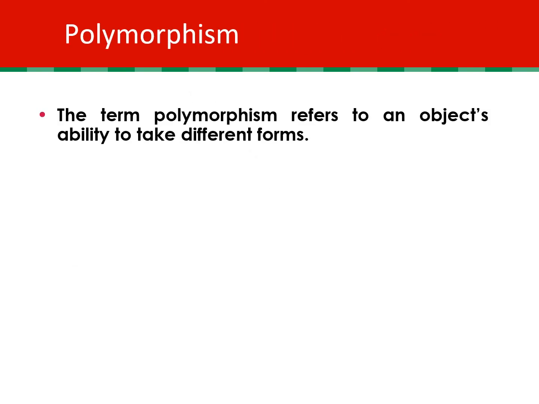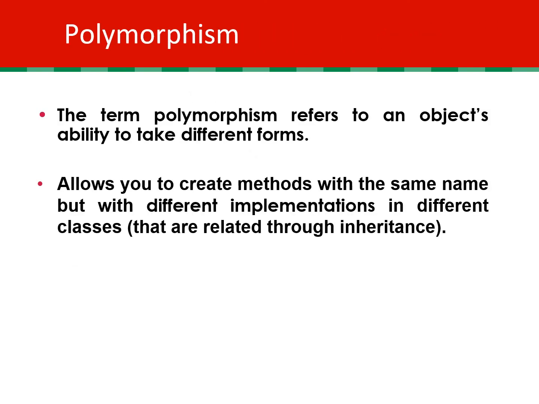The last concept is called polymorphism. Polymorphism refers to objects' ability to take different forms. What that means is that it allows you to create methods with the same name but different implementations in different classes.